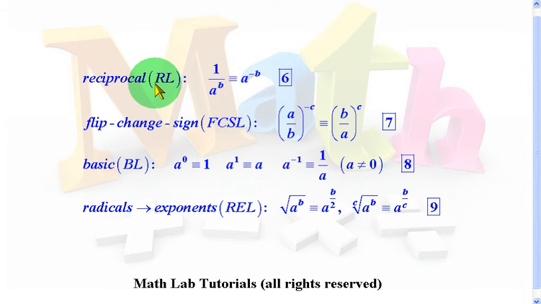The reciprocal law we haven't seen yet. It says that 1 over a to the power b, which is essentially the reciprocal of a to the power b, is identically equal to a to the power minus b. So whenever you have a power in the denominator with a 1 on top, what you do is upshift. You can upshift the whole power, and it becomes a to the power negative b.